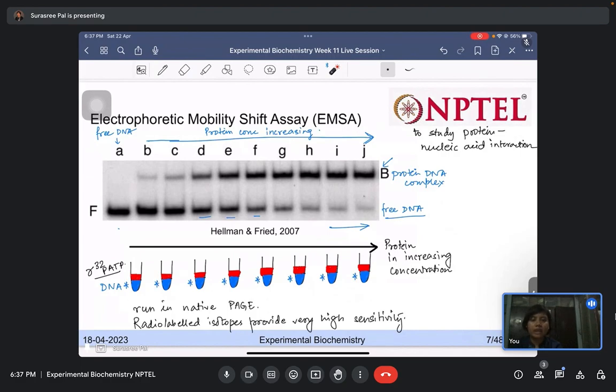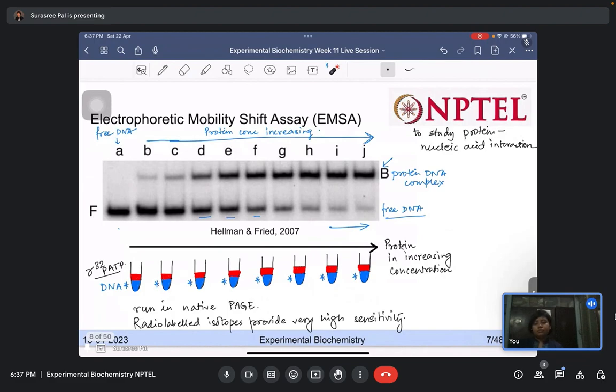EMSA is a very sensitive experiment, and it can determine the dissociation constant in a very low range, that means for very tight binding.